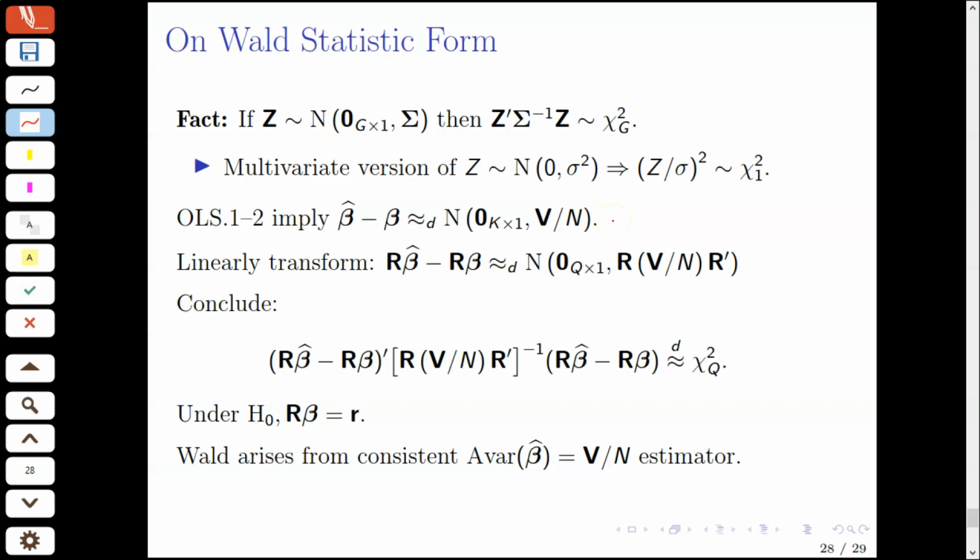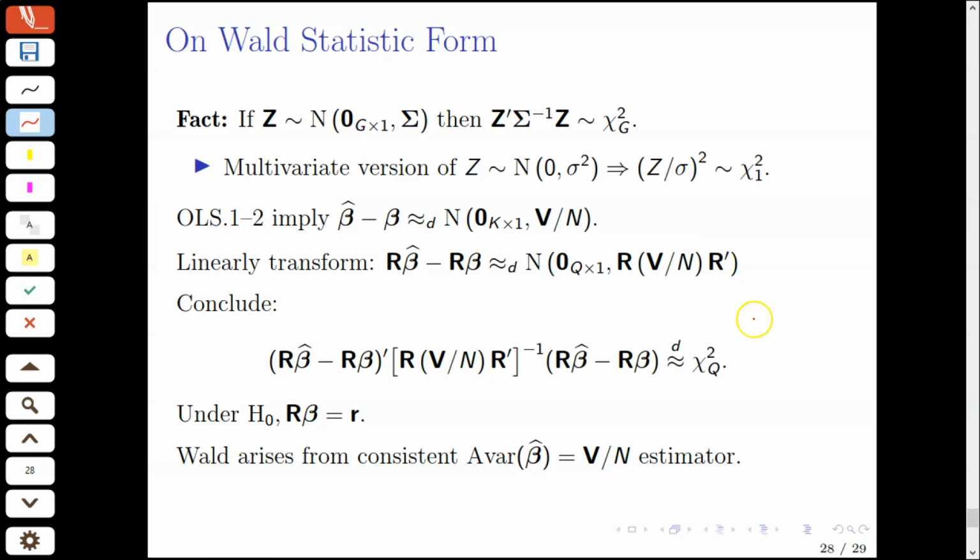So if we treat this approximate distribution as an equality and apply the linear transform given by our testing matrix capital R, then the resulting difference should be roughly normally distributed, again with 0 mean, now of dimension q, since R has q rows, and variance given by R times the original matrix, V over n, times R prime. Again, we're using here the property that the normal family is closed under linear transformations.